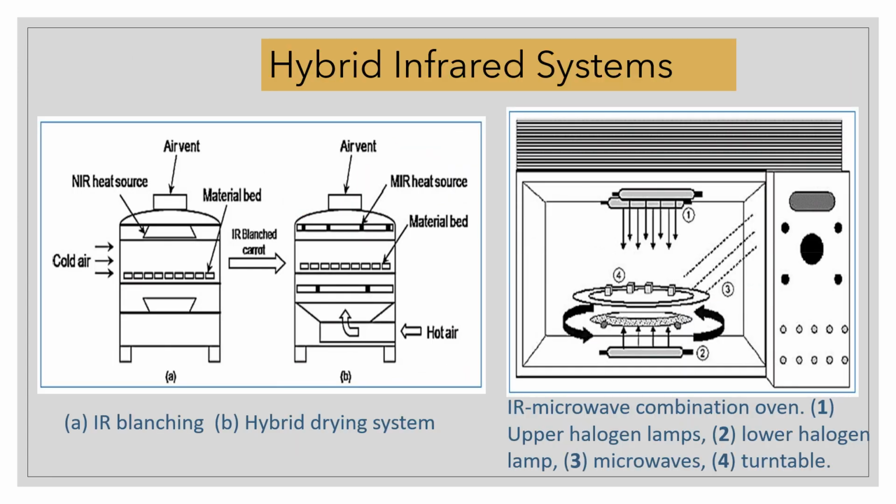So now coming on to the hybrid infrared system. The first image shows infrared blanching and hybrid drying system. In this, infrared is combined with hot air or cold air, and in this manner there is efficient drying of the food product. And the second image shows the infrared and microwave combination oven.